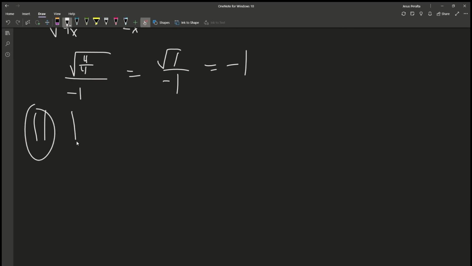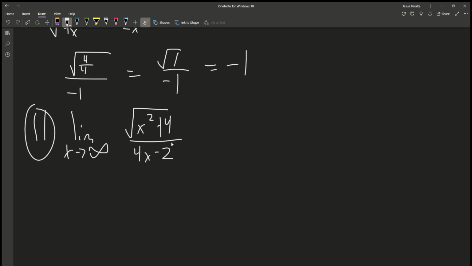For number 11, we have the limit as x approaches infinity, so we don't have to worry about it being negative. We have the square root of x squared plus 4, over 4x minus 2.